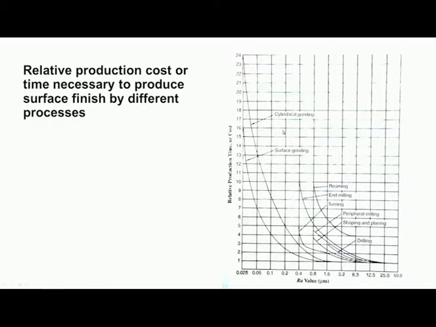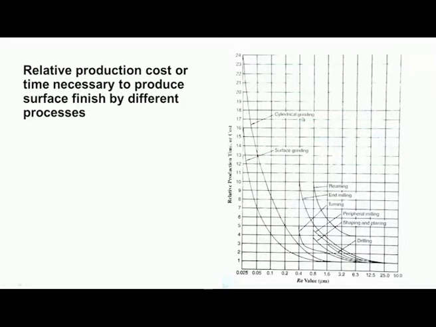In this picture we have considered various machining operations like cylindrical grinding, surface grinding, reaming, end milling, turning, peripheral milling, shaping and planing, and drilling, very commonly used machining operations. Now, we can understand that whenever we want very fine surfaces, naturally we go for grinding and then polishing operations.